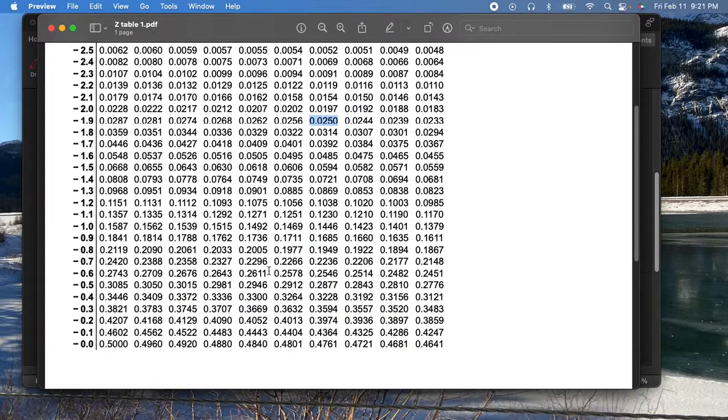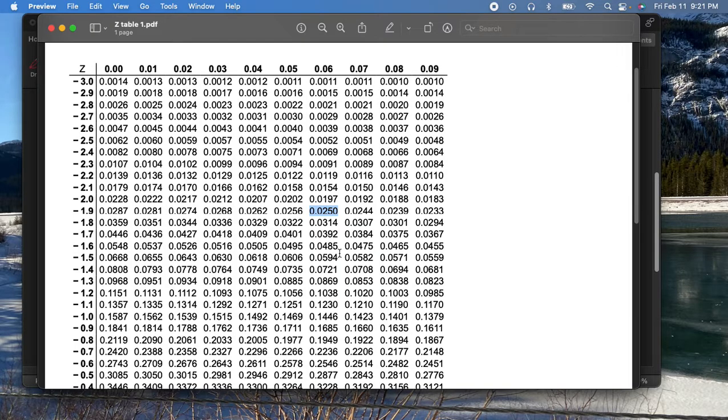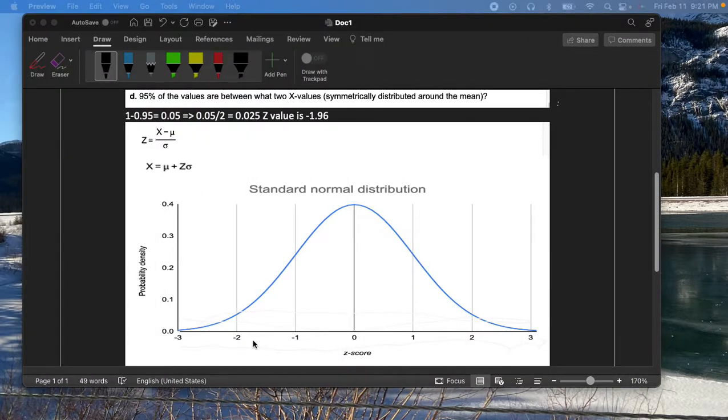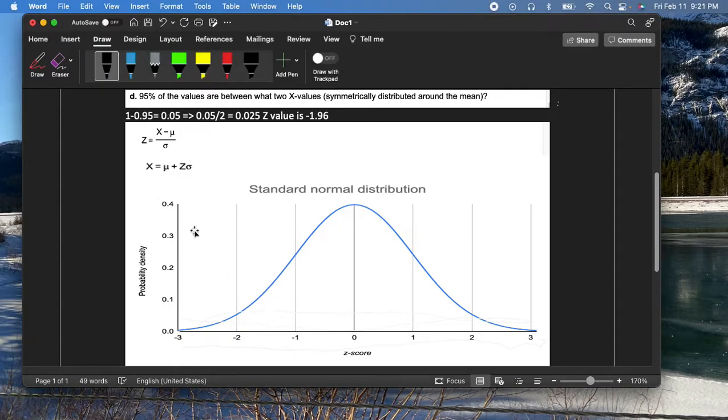We go to the z table, we find 0.025, and it's 1.96. So 0.025 of the values are going to be 1.96 standard deviations to the left. So it's going to be these values here. Let's just highlight it somewhere around here. That's where those values are.